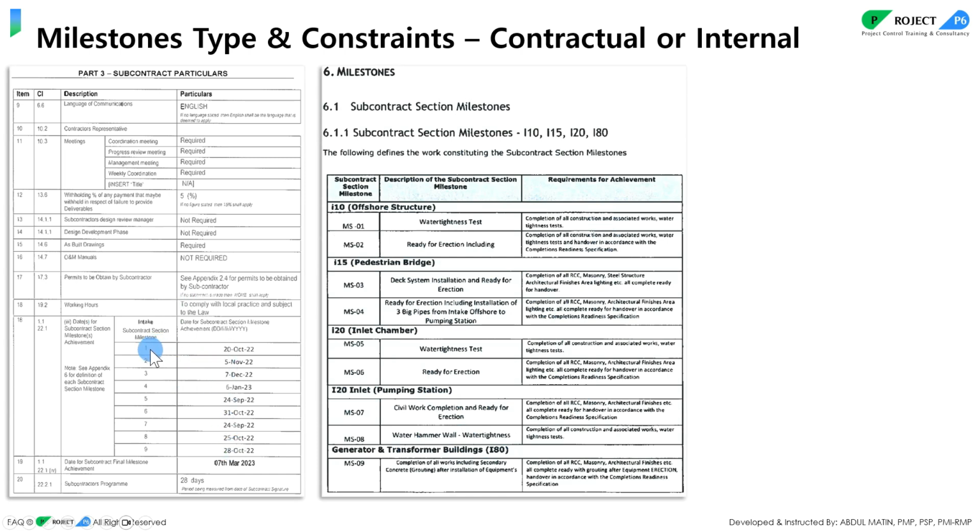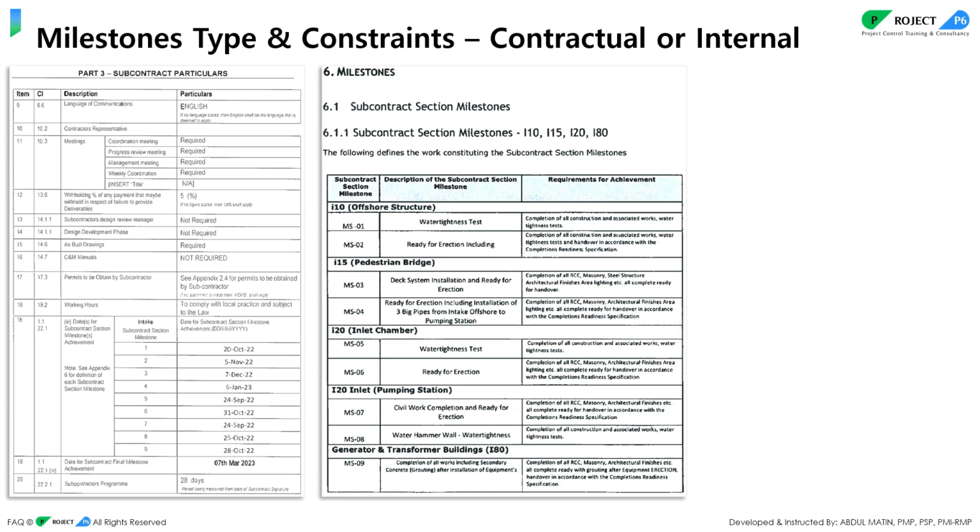So for milestone 1 we have this deadline, meaning that we have to follow this milestone whatever the project completion date. That is also important, and in parallel these milestones are also important because all of the milestones are linked to the liquidated damages. If we miss one milestone, there will be a penalty from the client side. So we cannot avoid this milestone date. Okay. So these are not internal milestones.